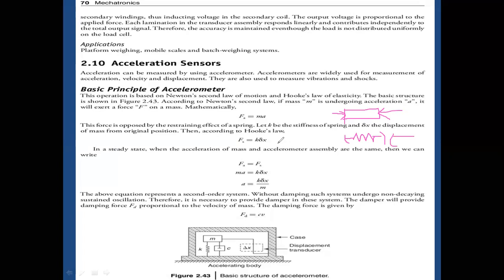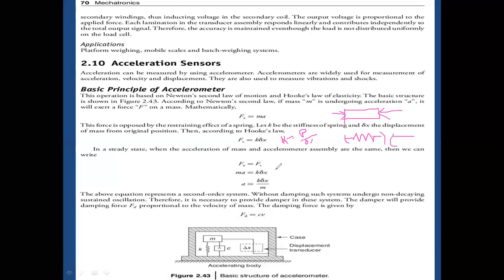K is equal to load per deflection, P by delta L. So F is equal to the stiffness multiplied by the deflection, F equals K into delta X. This is the equation for the spring force.